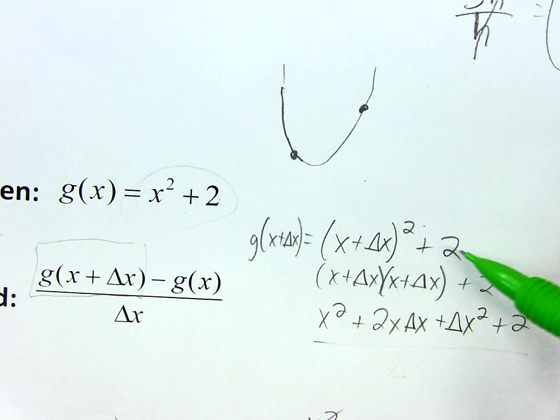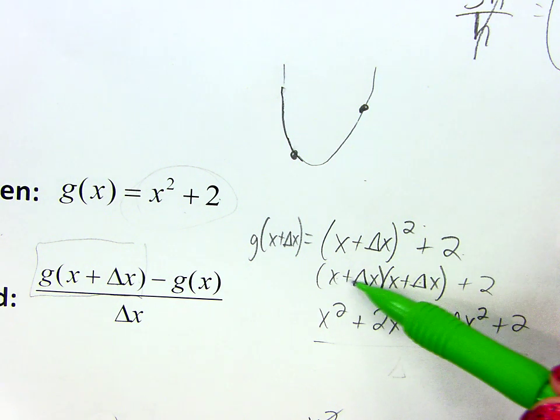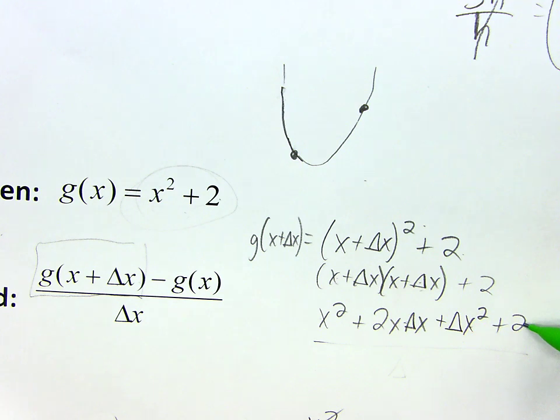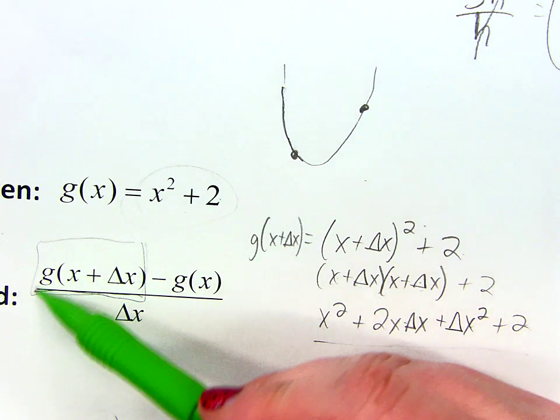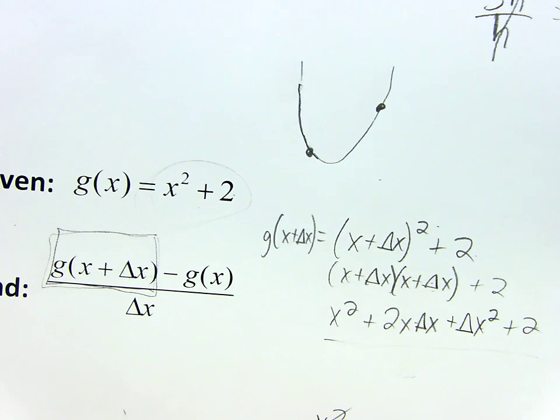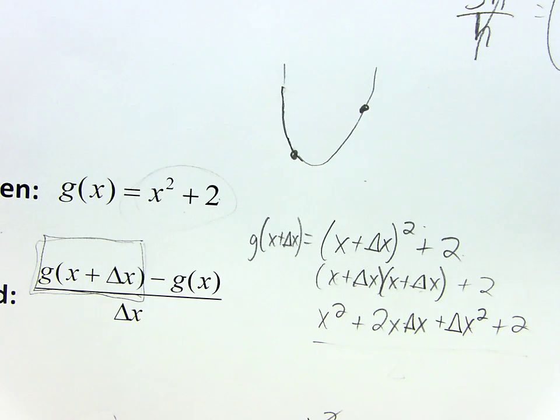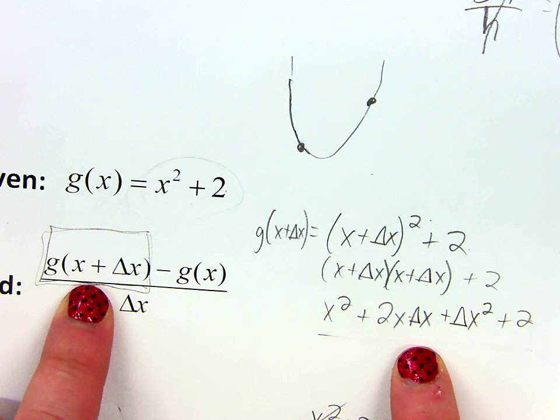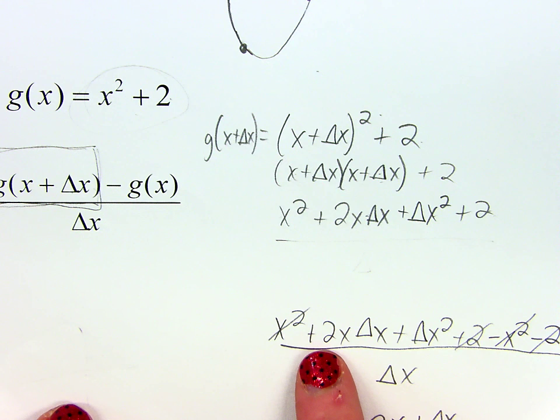So x squared: put in x plus delta x and square it. Now to do this math, I need to multiply the two together. That's what we get. So that is this first chunk. I'm going to finish the formula.